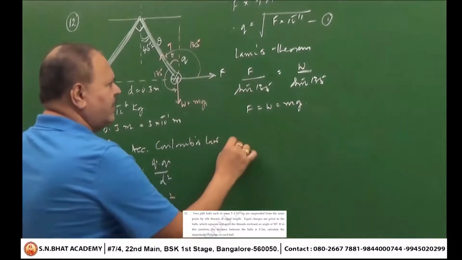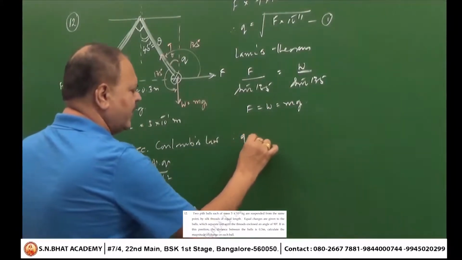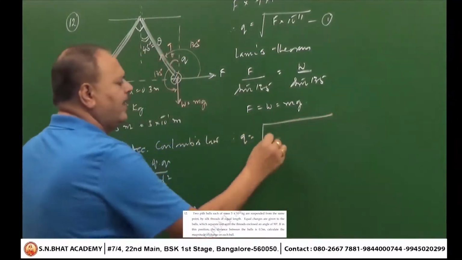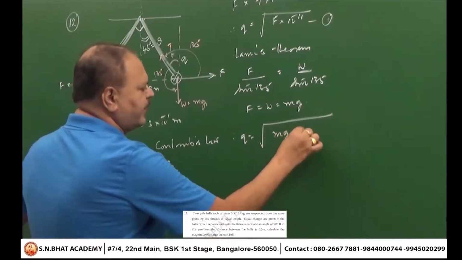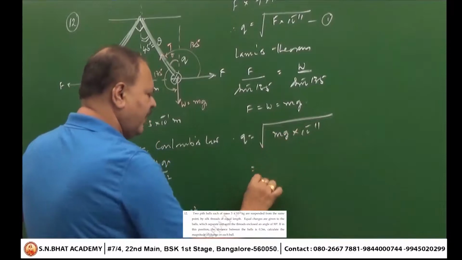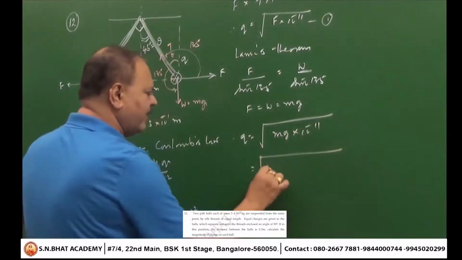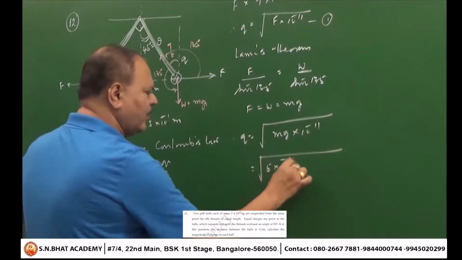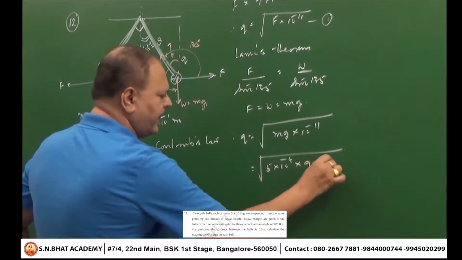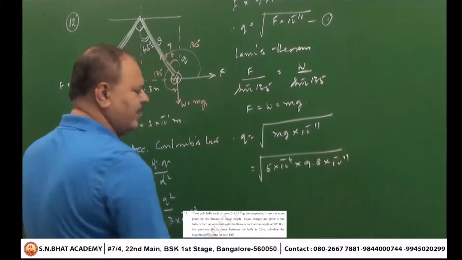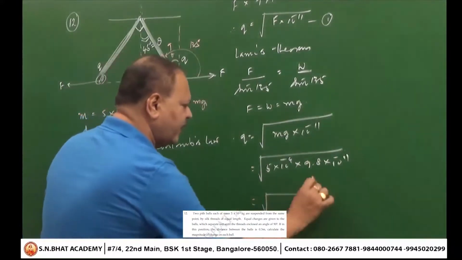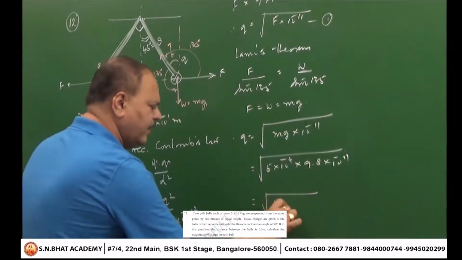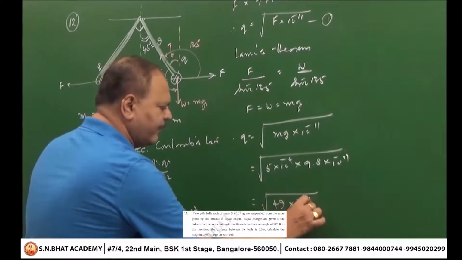Now you substitute all these things in equation number 1, therefore your Q square is equal to mg into 10 to the power of minus 11, and he has given the value of m as 5 into 10 to the power of minus 4, g is equal to 9.8. You know that 9.8 into 5 is equal to 49 into 10 to the power of minus 15.